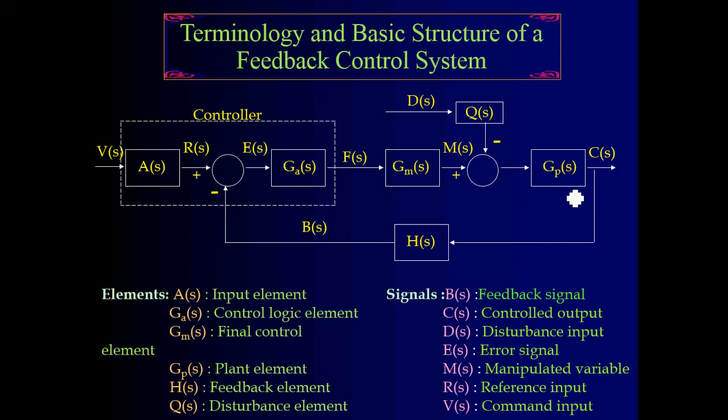This is the plant itself, what you want to control, and the output obviously is the one we're going to measure. So this is your feedback control. Let's write it down. This feedback here.